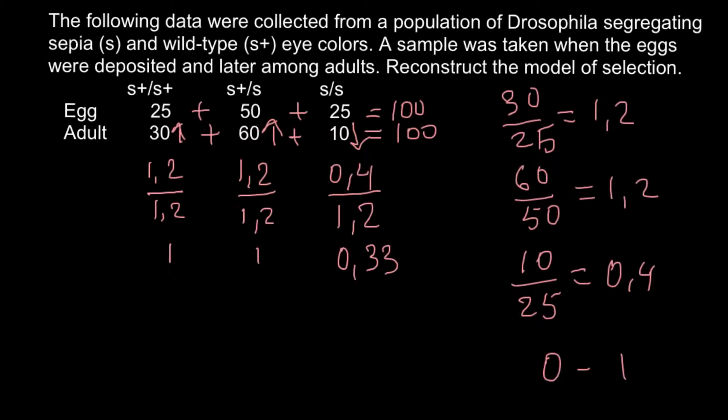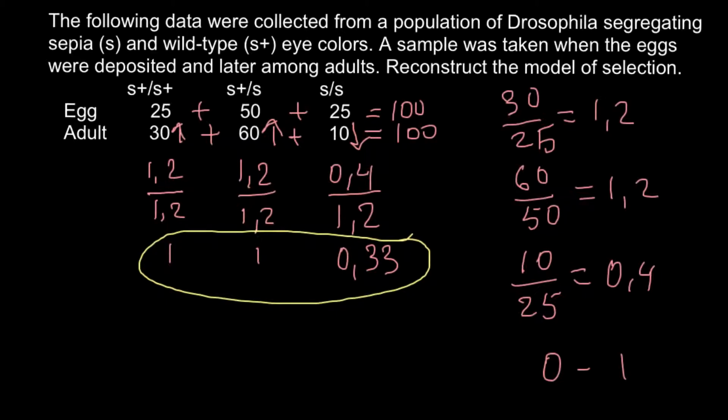What do all these numbers tell us? This is going to be our answer: the relative fitness of each genotype.